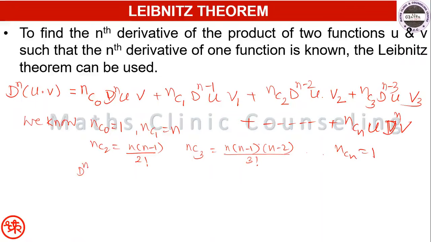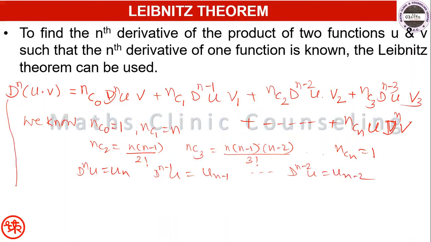Similarly, dn of u is equal to un. dn minus 1 of u is equal to un minus 1. Right? dn minus 2 of u is equal to un minus 2, and so on.